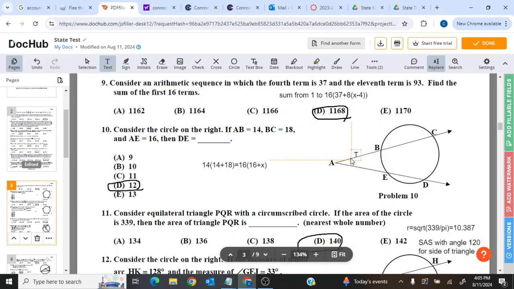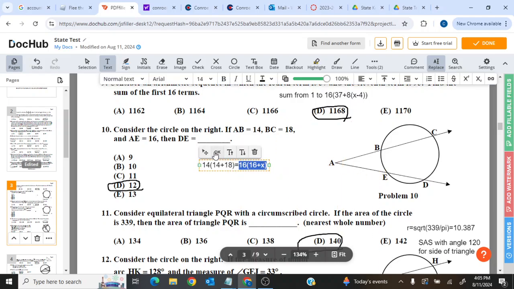The length of the outside piece times the length of the entire piece is equivalent among all secant lines. So AB, or 14, times AC, or 14 plus 18, is equal to AE, or 16, times AD, which is ED plus AE, so 16 plus your unknown length. And if you solve for that, you'll get an x value of 12.